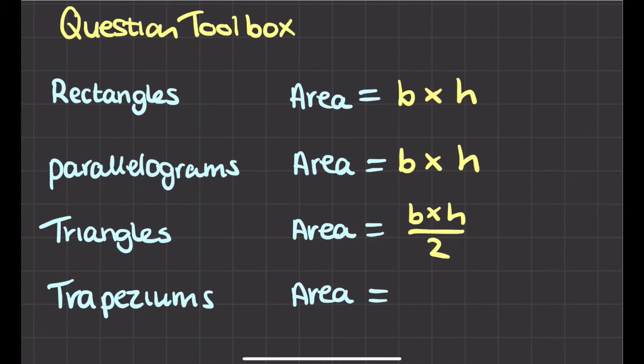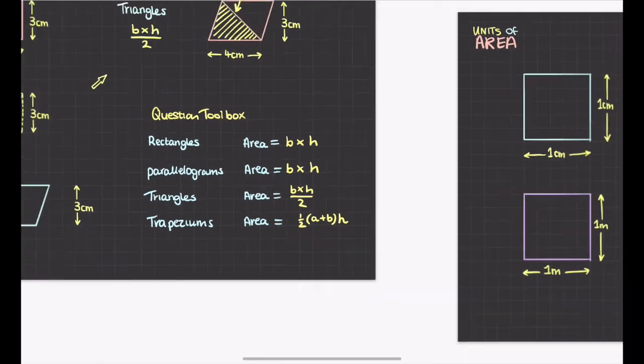And trapeziums, well, we could make them into parallelograms too, couldn't we? But their base was the two parallel sides added together, multiplied by the height, but then we only wanted half of it. So there are your formulas. That's a little toolbox for when you have a go at some questions and you try and work out the area of some shapes.